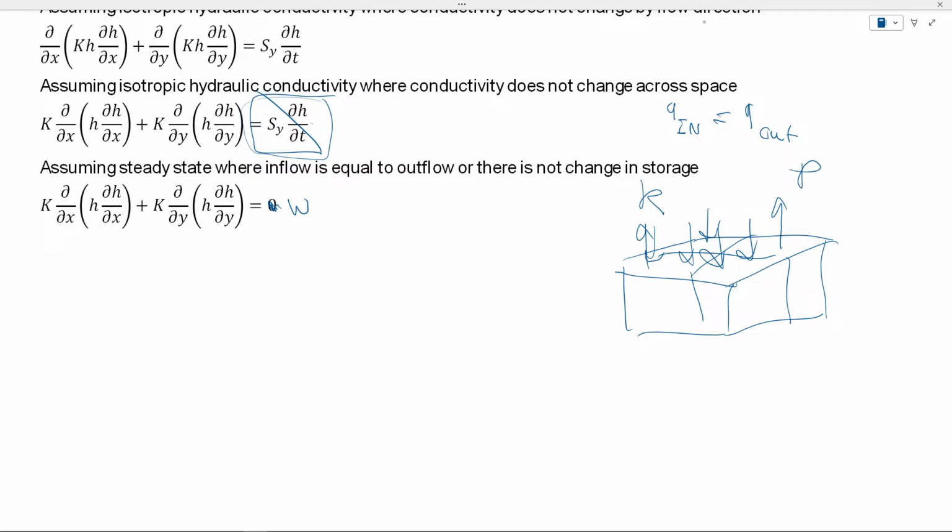Can I simplify this a little bit? Let me look at this term here. What is it saying? It's saying H times partial H over partial X. Can I just multiply these two together, and say this is equal to partial H squared over partial X?